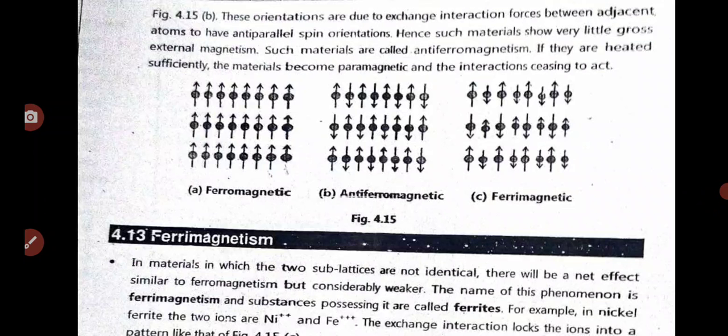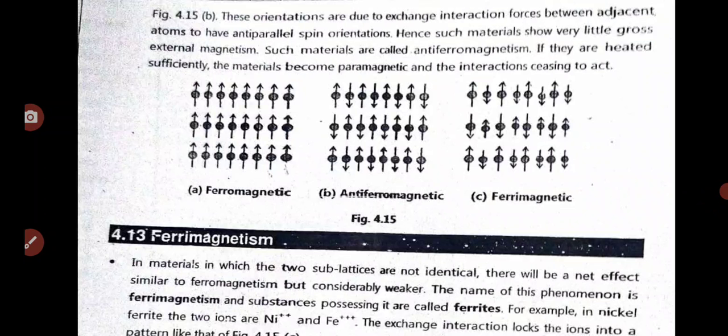In the next figure we see the ferrimagnetic material. The spin alignment orientation of this material is similar to the anti-ferromagnetic material, but the magnitude of one of the spin alignments is small compared to the anti-ferromagnetic material. This type of sublattice orientation is considered ferrimagnetic material, and it consists of two sublattices which are not identical.